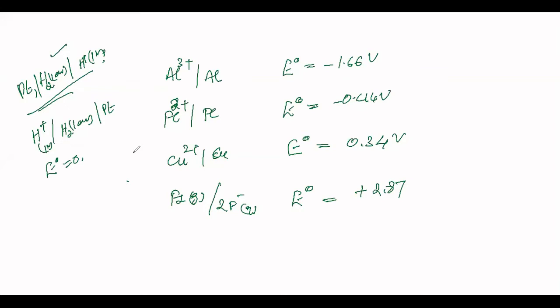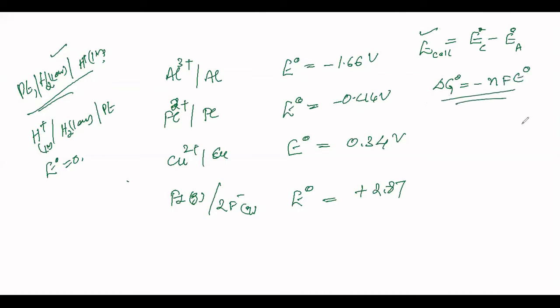Remember one thing, always in an electrochemical cell, the anode will have lower reduction potential than the cathode. That is how the EMF, E cell, is calculated: the reduction potential of the cathode minus the reduction potential of the anode. This has to come out as positive, then only the cell reaction is feasible, spontaneous, because delta G0 is equal to minus nFE0.